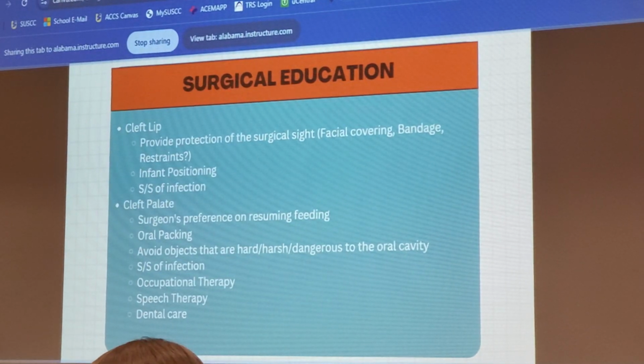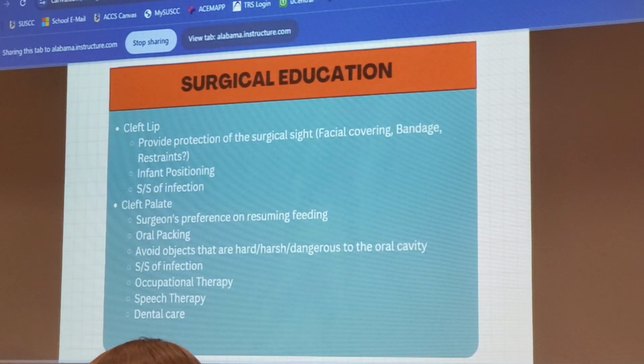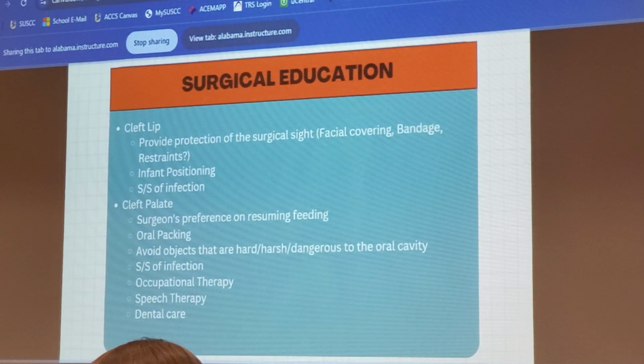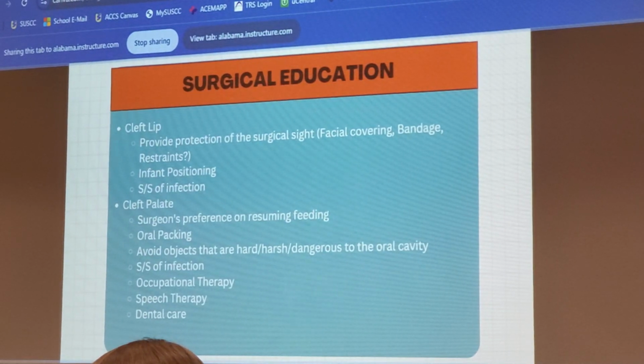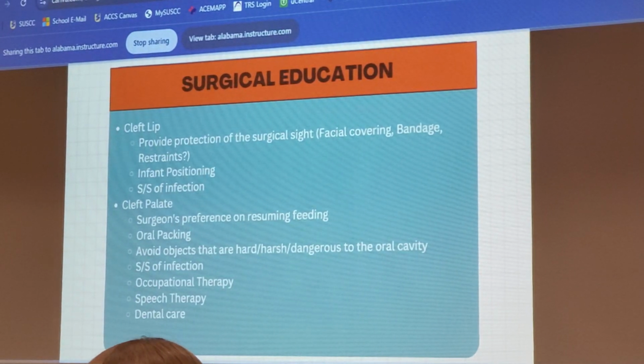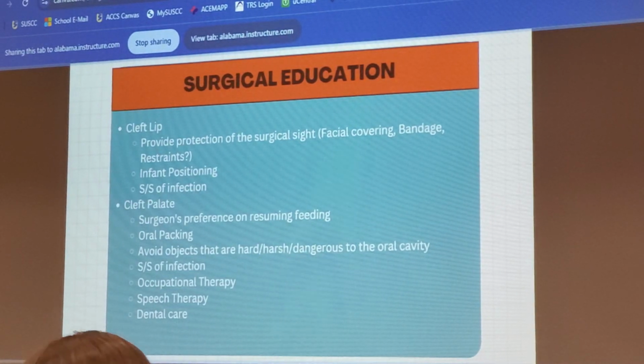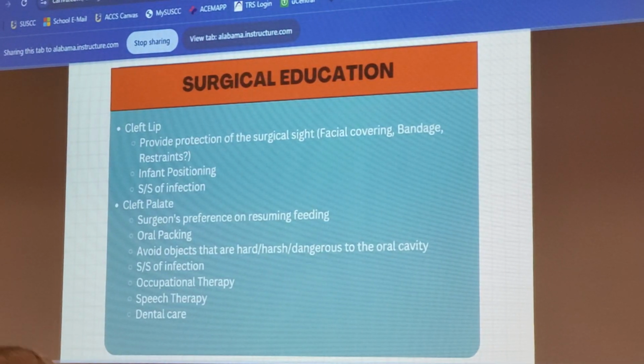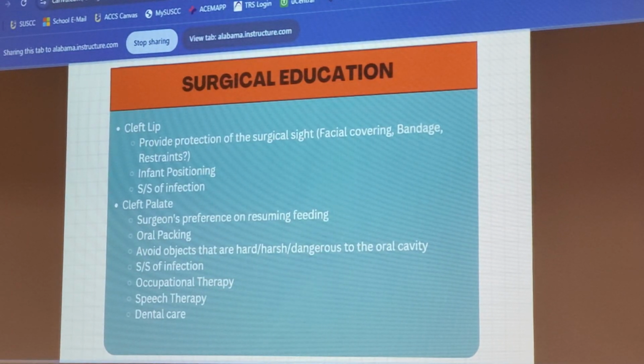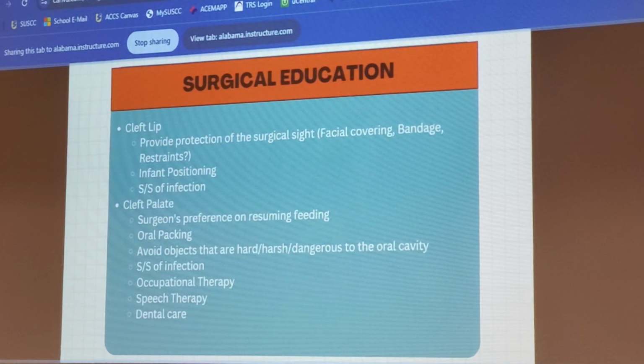So they're gonna try to pick and pull as much as possible. We may need to restrain them, or even maybe just put a little sock over them so they can't grasp or pull at that surgical site. Maybe some kind of big extra protective bandage over the surgical site itself, so they're unable to pick at it.